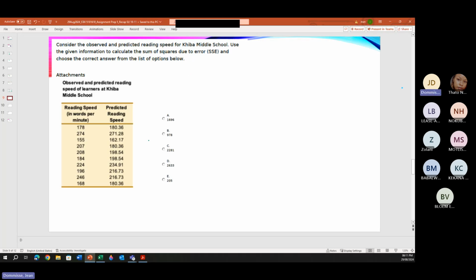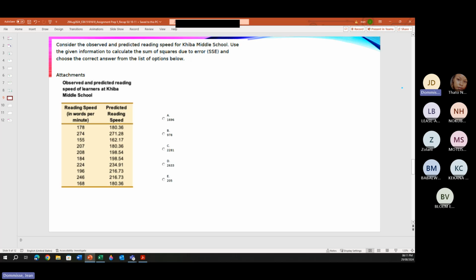Once again, this is not something that they will ask you in the exam, but definitely an assignment question of this type might come up, because this is something that does take a bit of time.